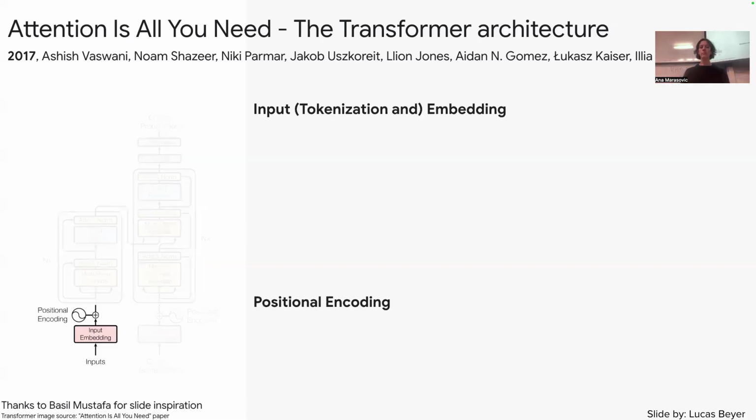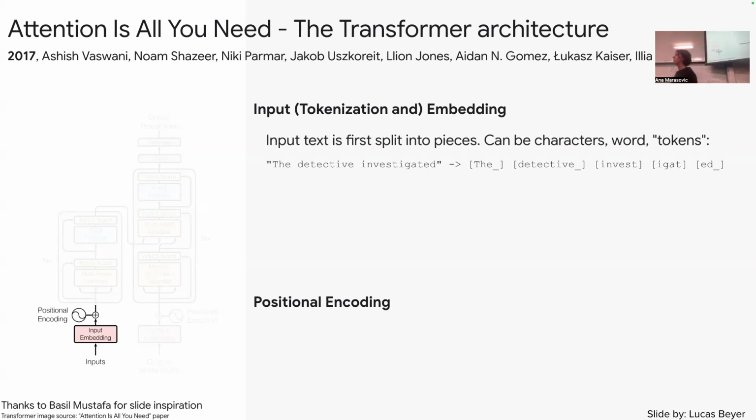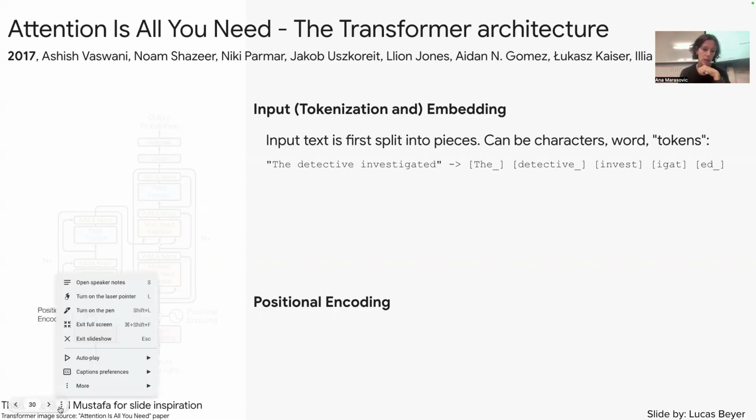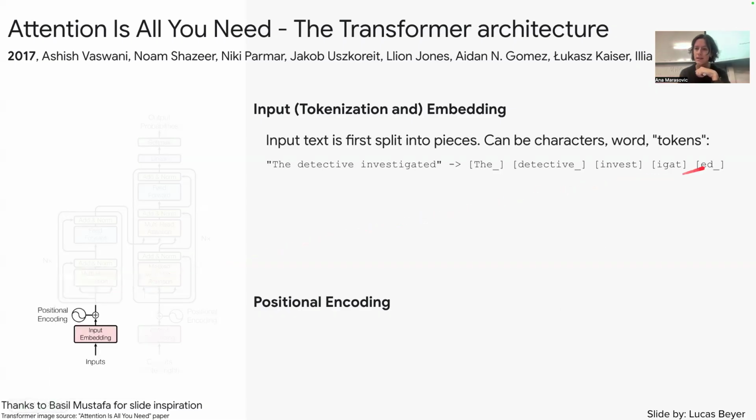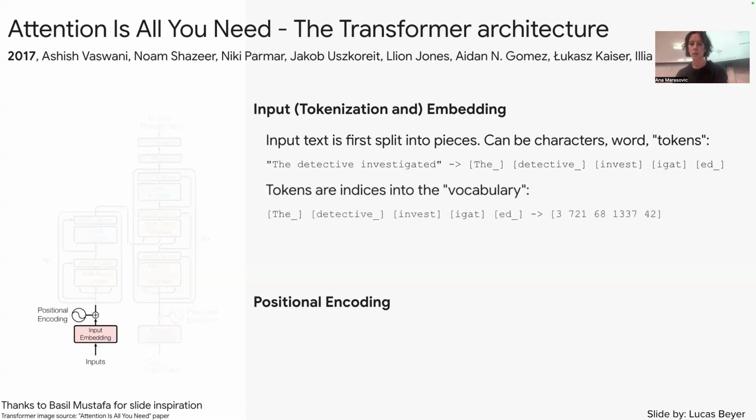Okay, so first thing, as always, you get a piece of text, you are going to tokenize it. And here, for example, "detective investigated", you see how we have subword tokenization going on. That's pretty standard with all of the LLMs today. Since 2017, basically, we have used subword tokenization.